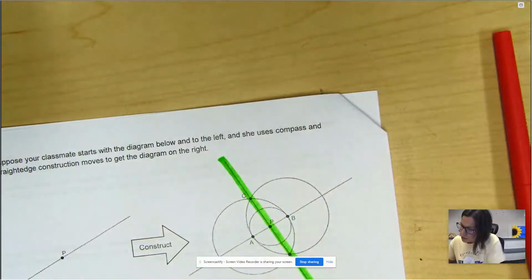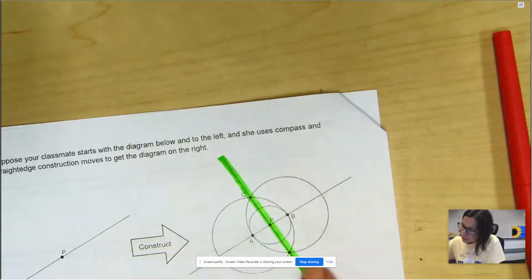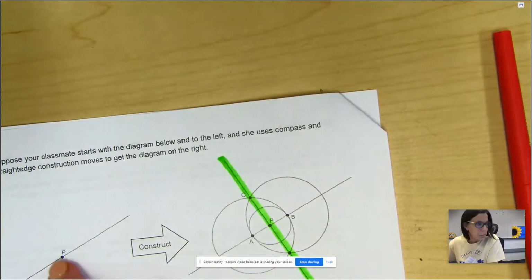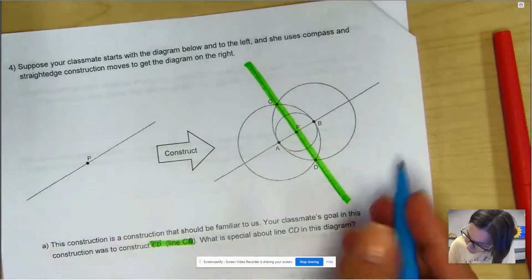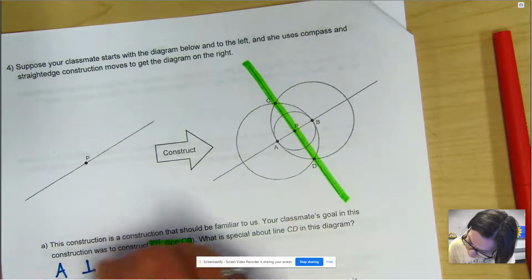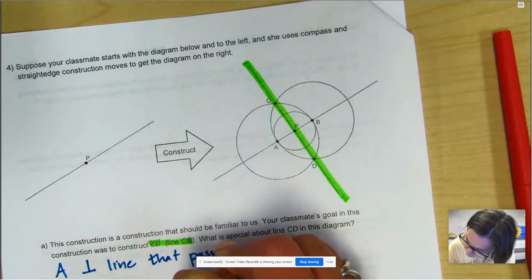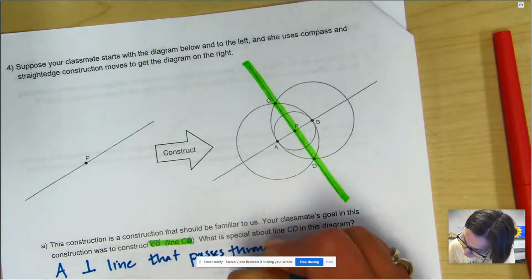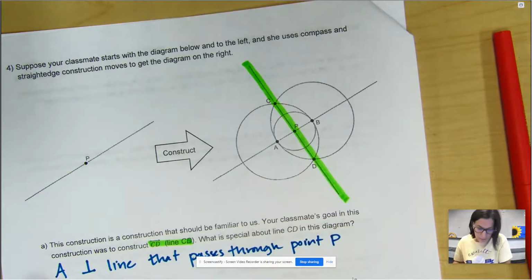So what is special about CD? Well, it's a perpendicular line, using the symbol for perpendicular, that passes through the given point, point P. Sound good?